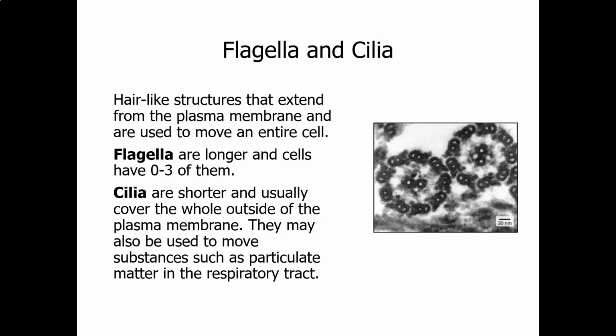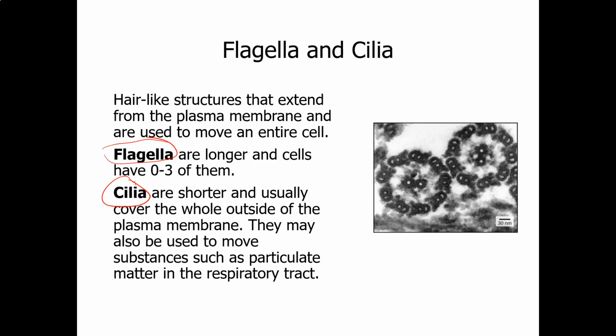Flagella and cilia are structures that permit movement. They're located on the outside of certain cells. All cells do not have flagella and cilia, but flagella is a long whip-like tail that you find on a sperm, for example. And cilia are shorter little hairs, and in some single-celled microorganisms, they help the organism to move, but in humans, cilia is used to move some kind of substance or particles across the surface of the cell.